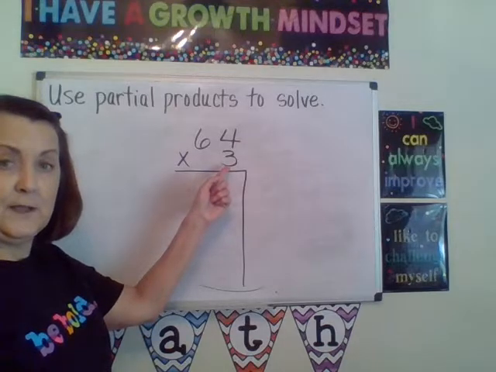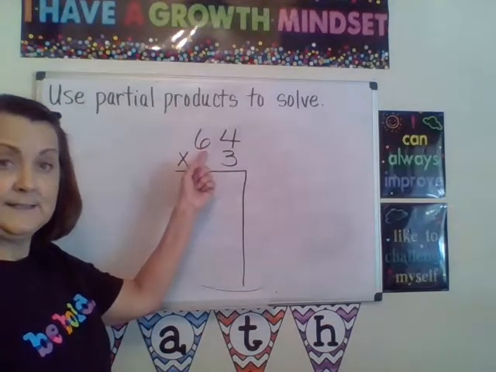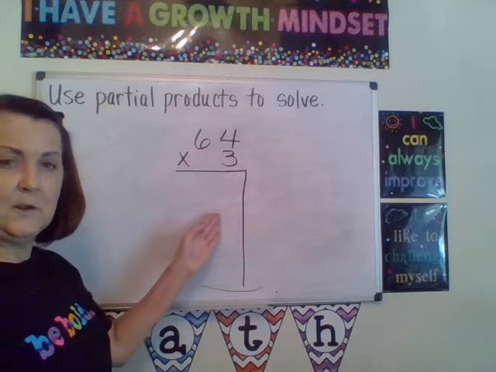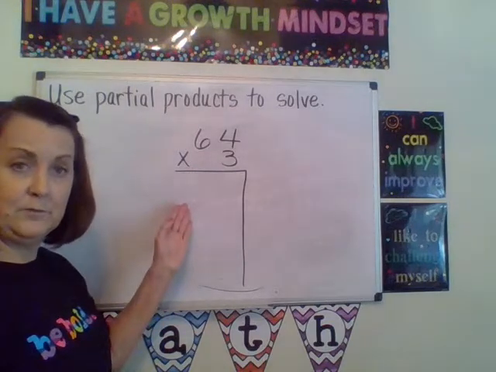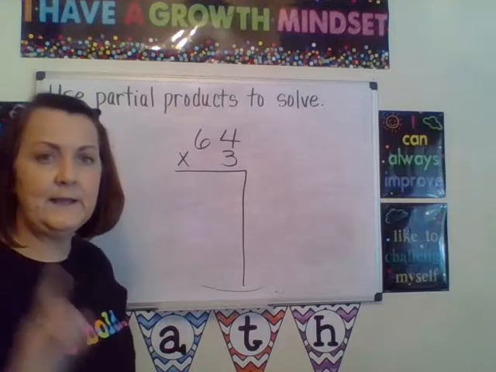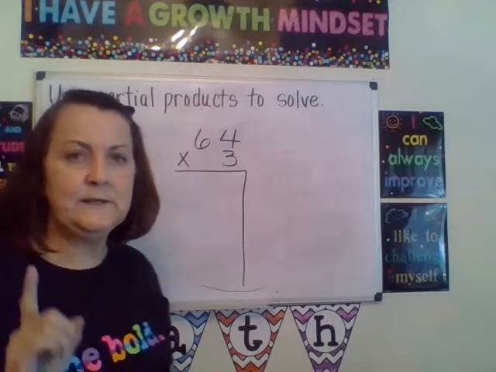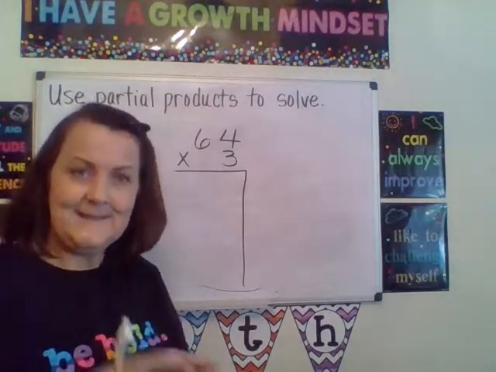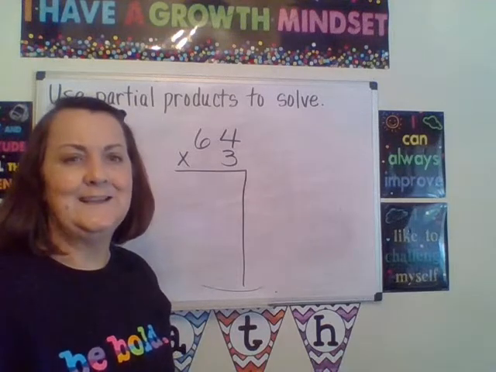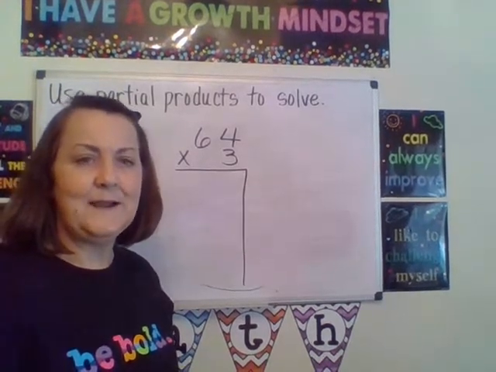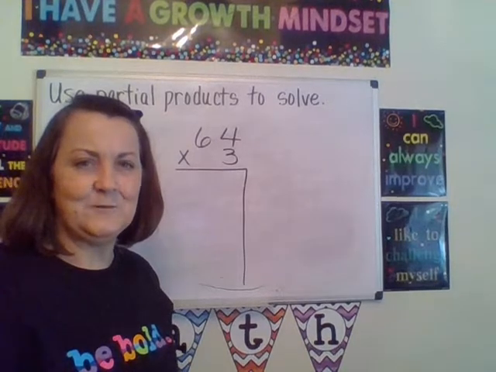Then you're going to multiply it 3 times the value of the tens place. You're going to write it over here and put the value of it here. And then you're going to add those 2 up. All right, so go ahead and do that for practice. You need to practice. You got to see it, you got to hear it, and you've got to do it in order to learn it. So give me a second. I'll work mine out, and then we'll check our answers with each other.